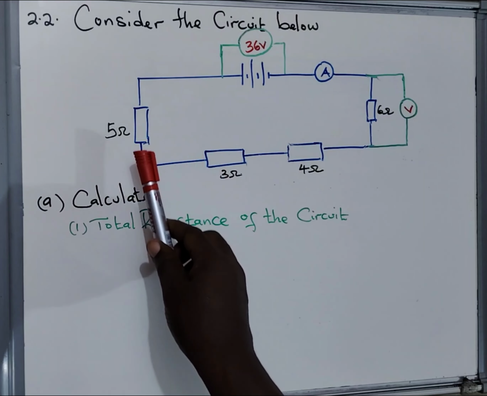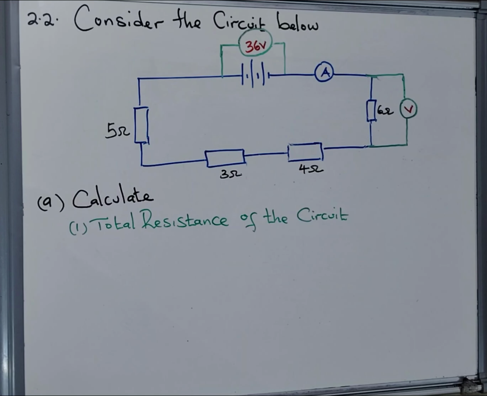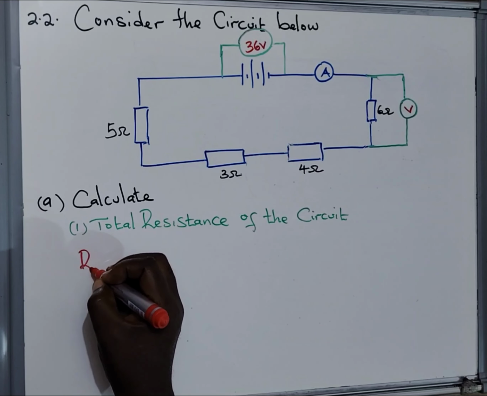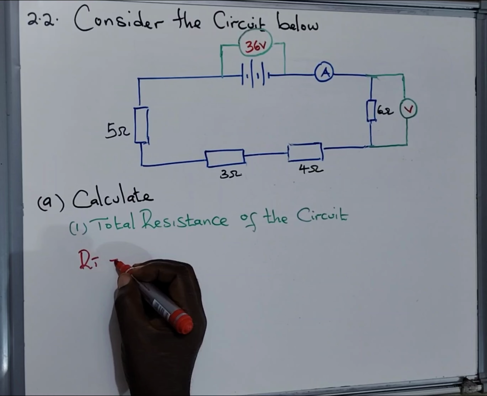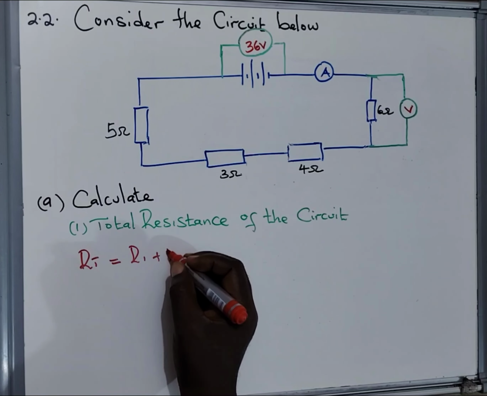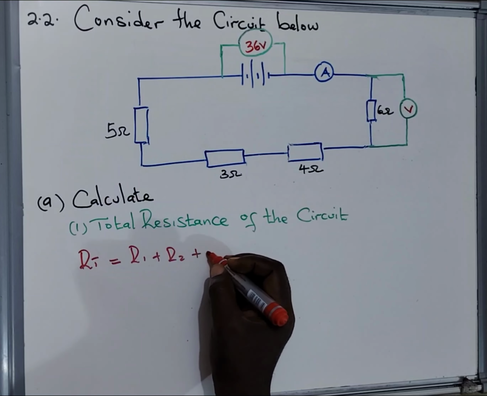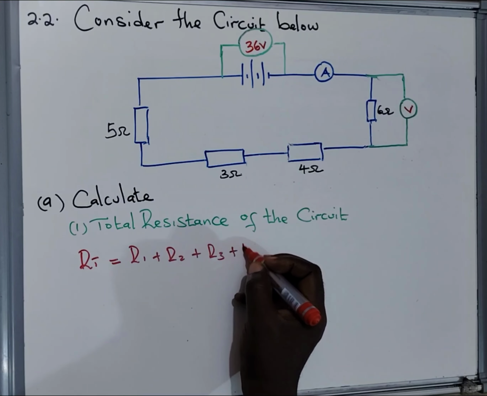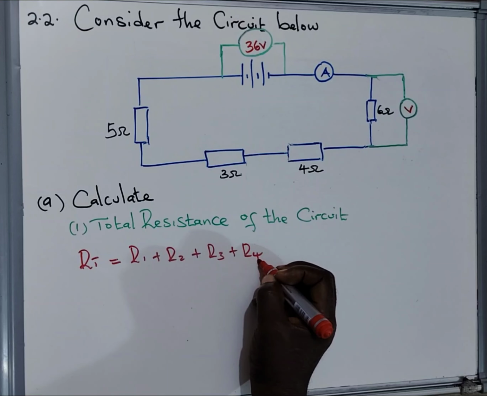It implies that they are in series. And what do we have for resistors in the series? We see R total is equal to R1 plus R2 plus R3 plus R4.